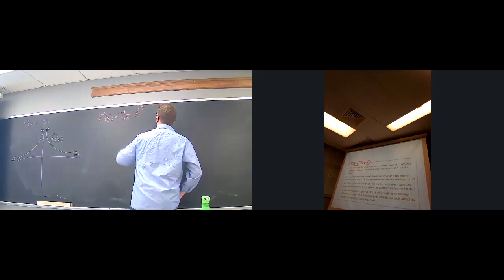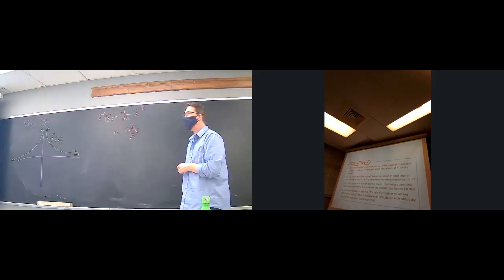Taking that first derivative, this is the derivative of x to the negative second power, right? So the power rule applies here. This thing's going to come out to be negative 2 over x to the third, right?